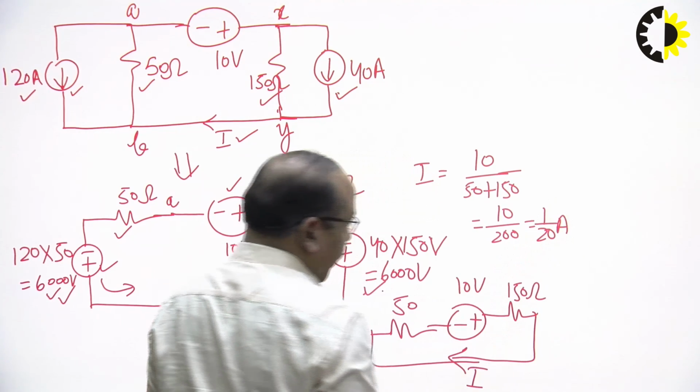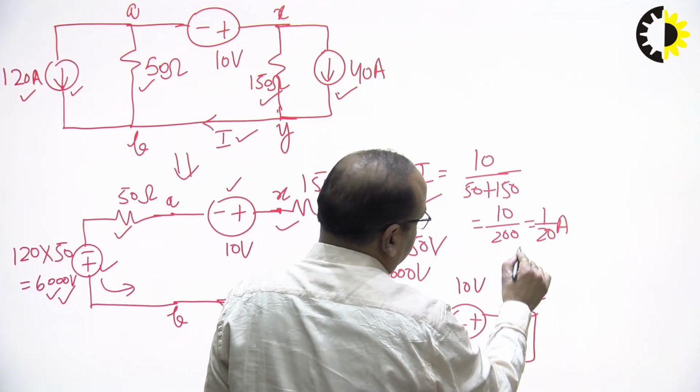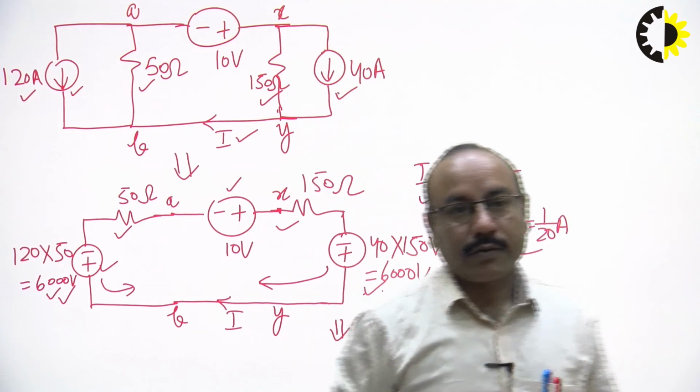So, this will be the value of current I in the circuit which we were to find using the source transformation technique.